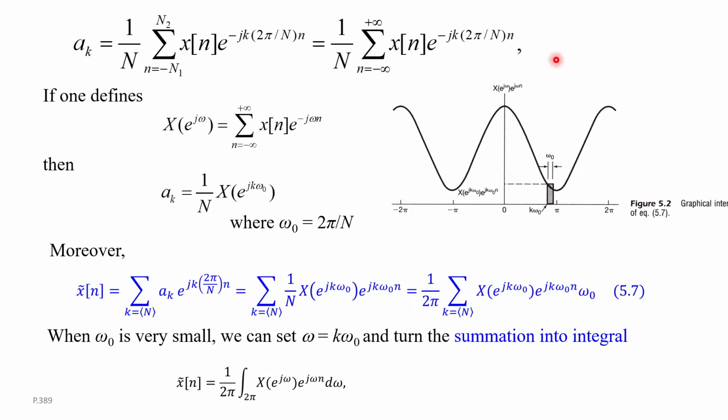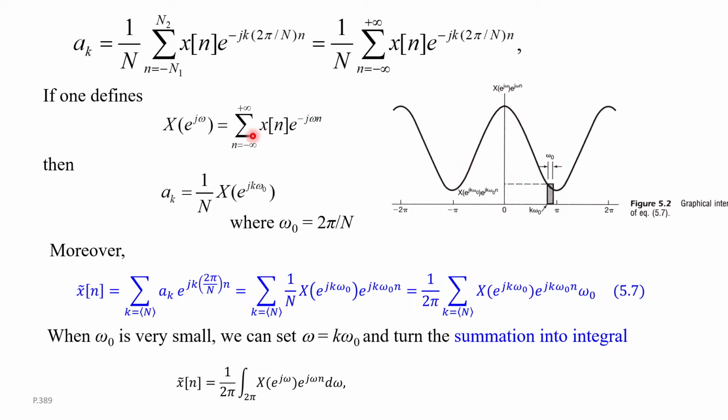Then the interesting things happen. Now this a_k should look like a sampling of this big X, and is it? So a_k has 1 over N here, and this thing, you find out that's just big X at omega equal to k omega naught, where 2 pi divided by N is omega naught.